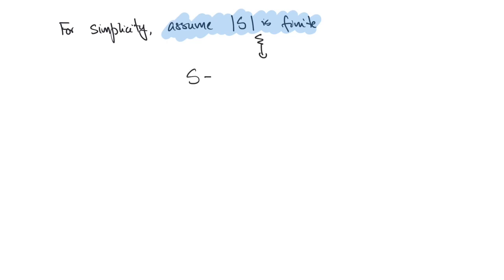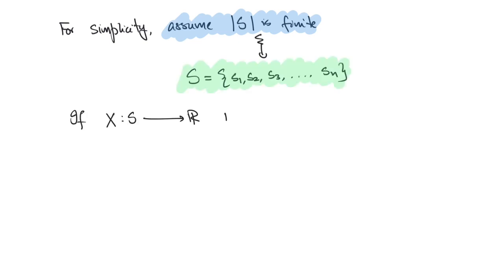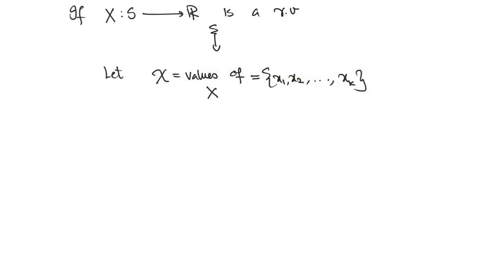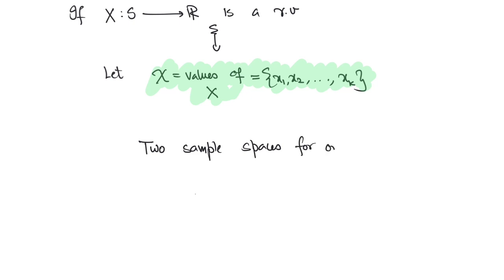In this case, we list out the elements of the sample space. And if X is a random variable, we let the values of X be listed out as x1, x2, up to xk.